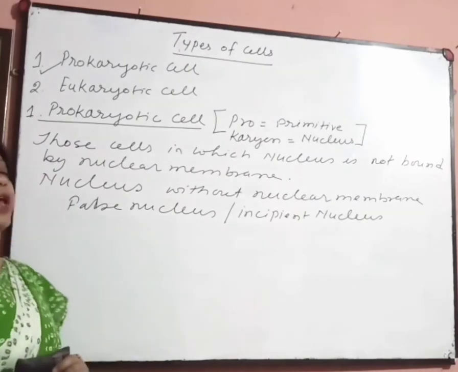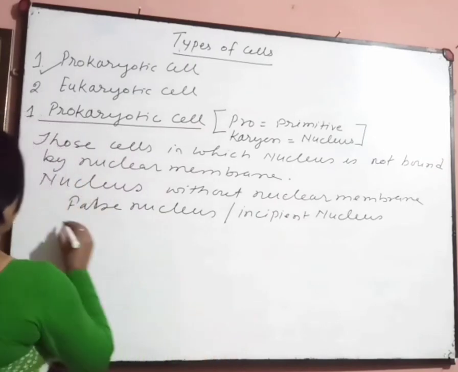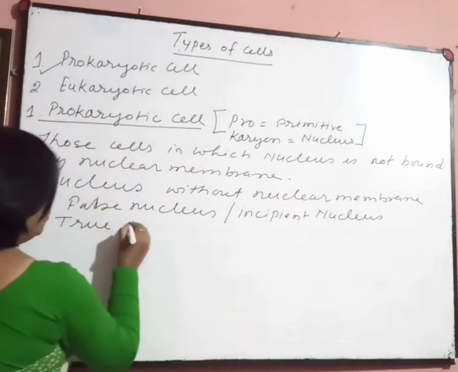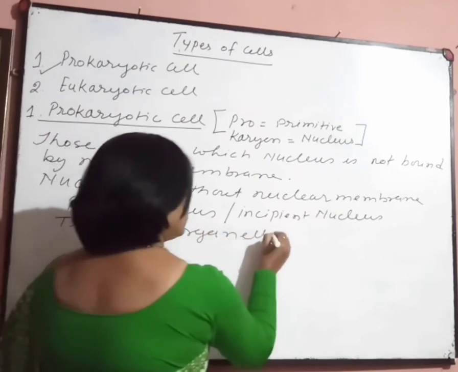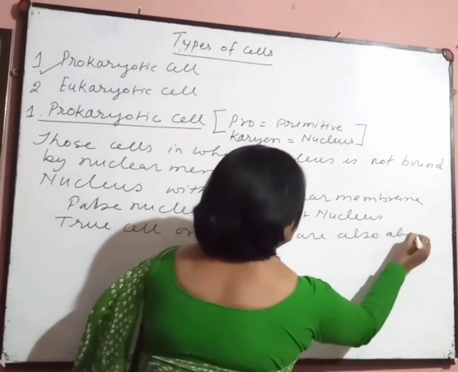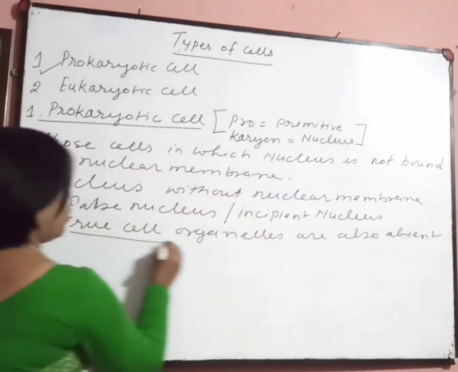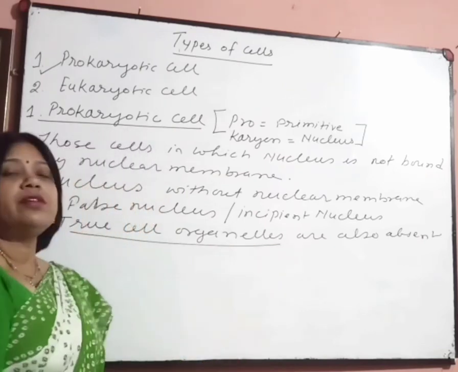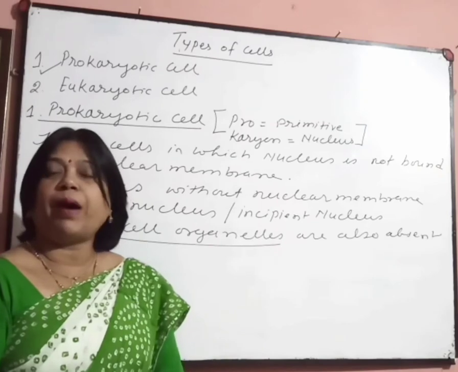So in the prokaryotic cell, true cell organelles are absent. The true cell organelles are such cell organelles which are bound by membrane.